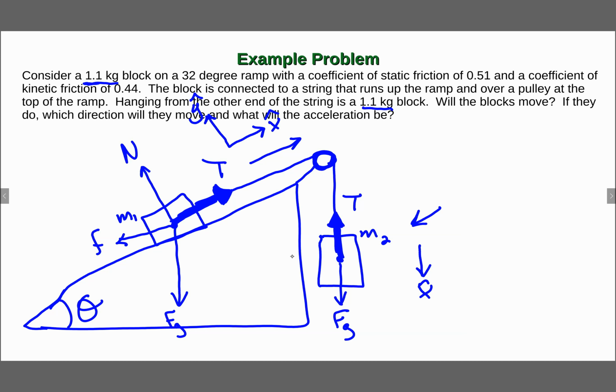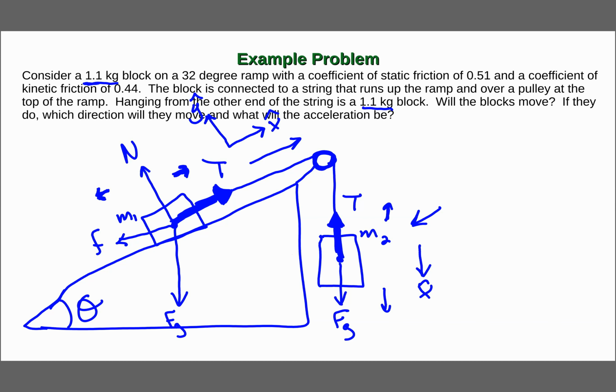If this rope can't stretch and I pull this one down a little bit, then this one has to move a little bit. You can see that they'll move together, where this one goes to the right and this one goes down. Or if I pull on this block a little bit and move it to the left, this one would have to go up a little bit. So they have to move together like that when they're connected by this rope that doesn't stretch.